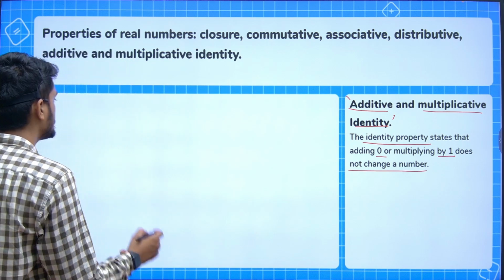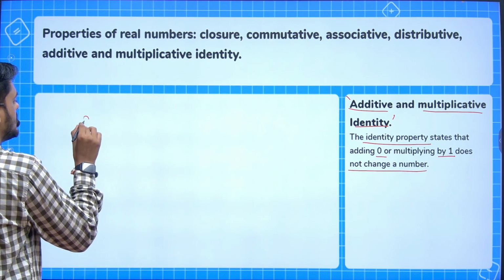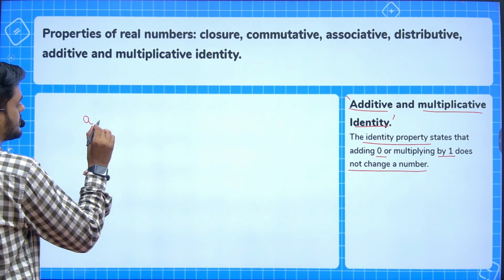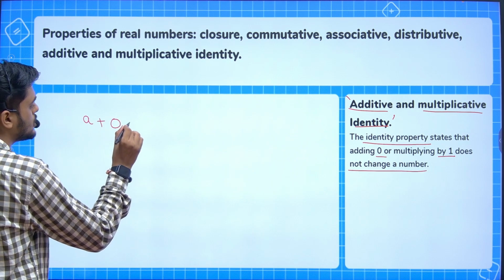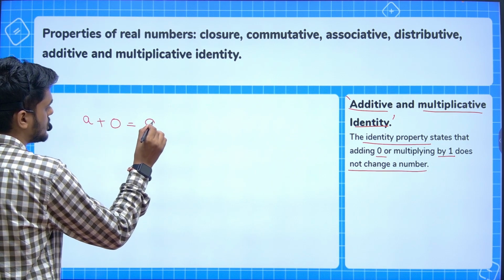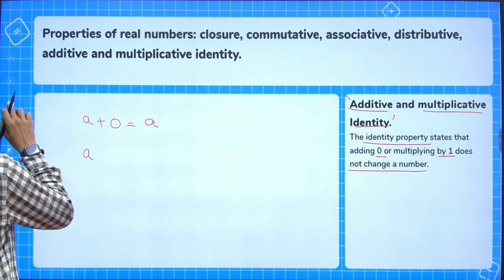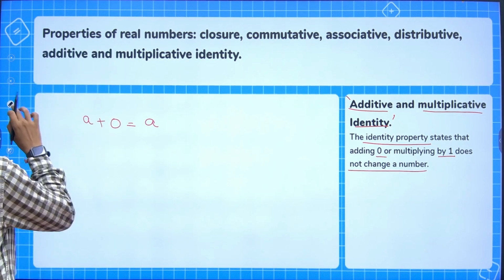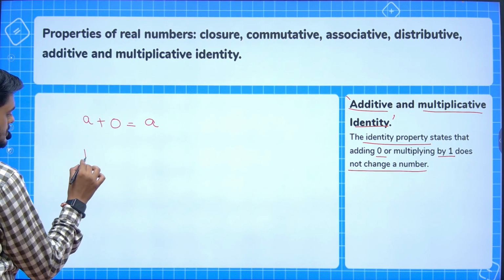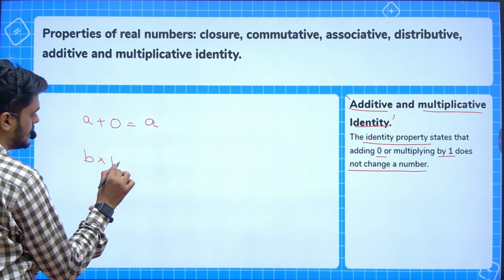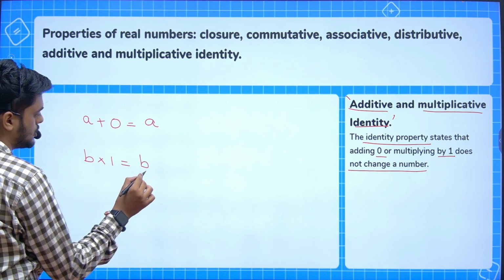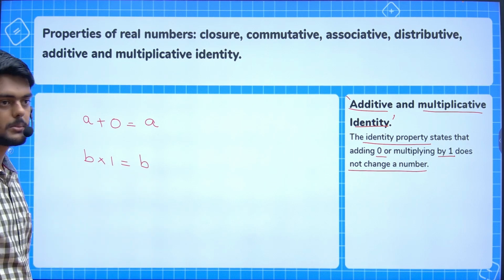It's a very basic thing. If you consider a number A and add 0 to it, the result obtained would obviously be A. If you consider a number B and multiply it by 1, it's going to give you the result B.